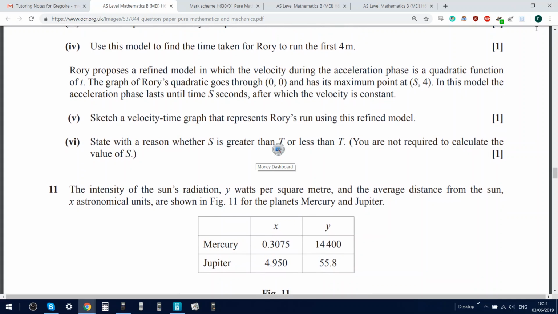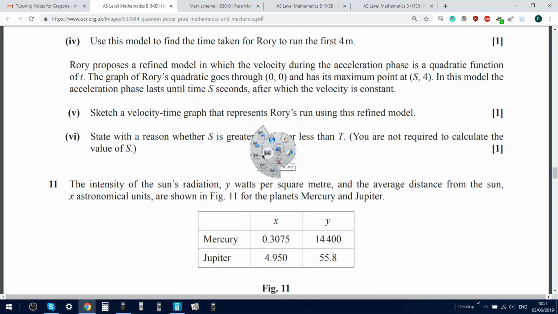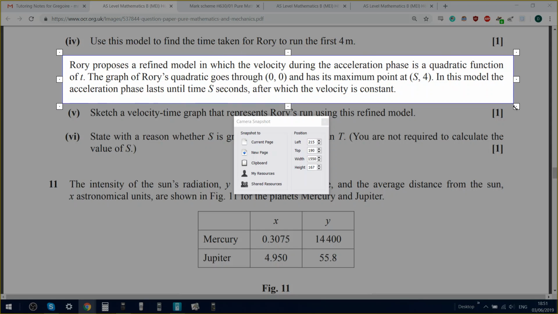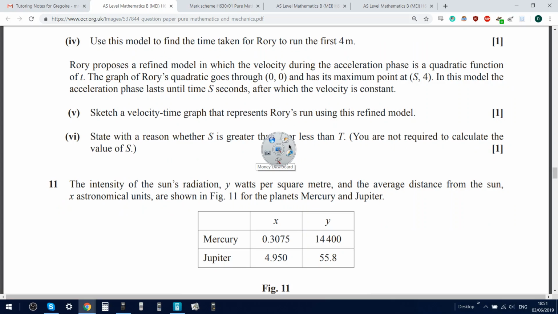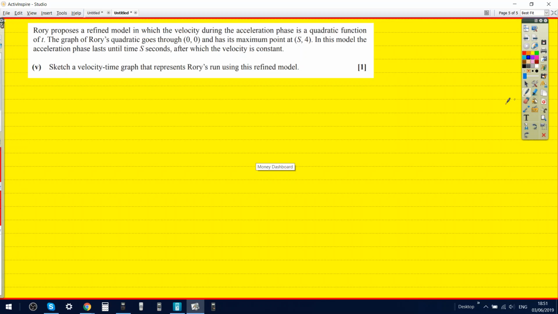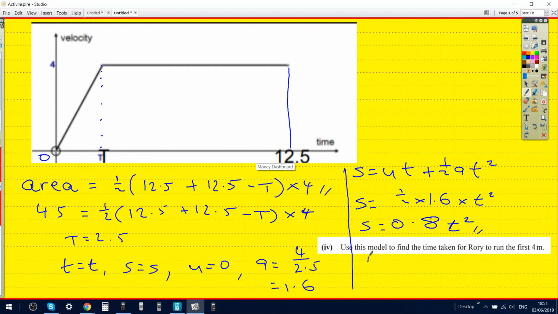So 4 equals 0.8 t squared, and I get minus root 5 and root 5. It has to be root 5 because time is positive, I can't go backwards. So time is root 5, which is roughly 2.236, so 2.24 seconds.